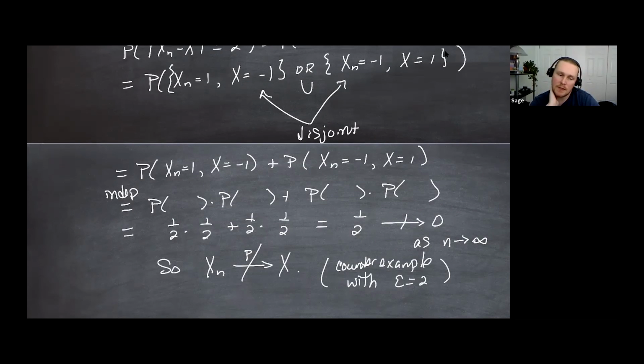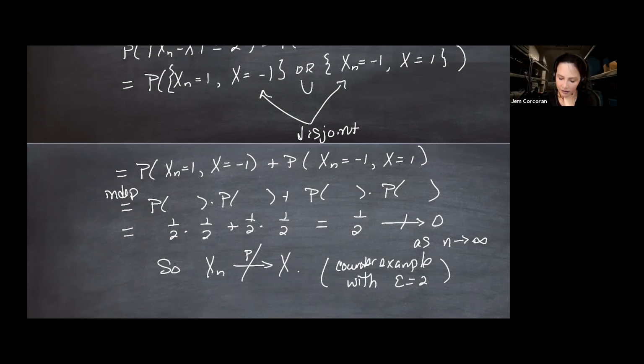Can we say something more general, like if x is independent of all of them and multi-valued, that will never converge in probability? Because even though they have the same distribution, they're not really coupled. They don't relate to each other.